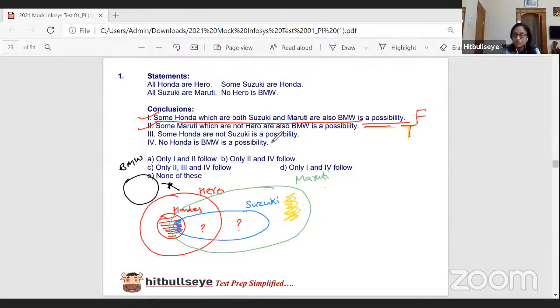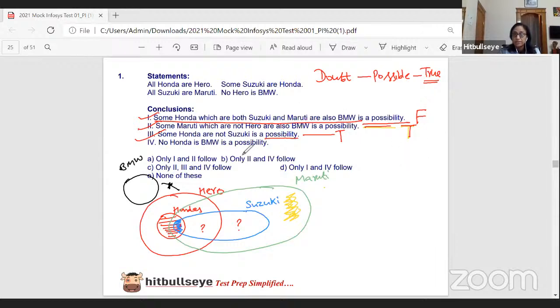Something that you are doubtful about, you have used the word possible with it, becomes a true conclusion. So the third also becomes true, because the rule is something you are doubtful about, you are using the word possible, only then it is considered as a true conclusion. Rest of the situations, it will remain false. Clear till here?